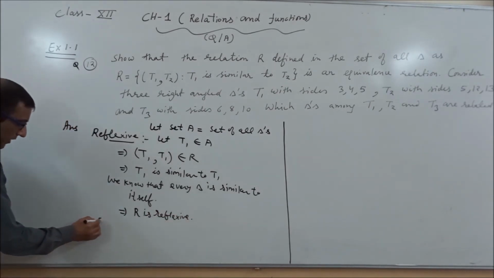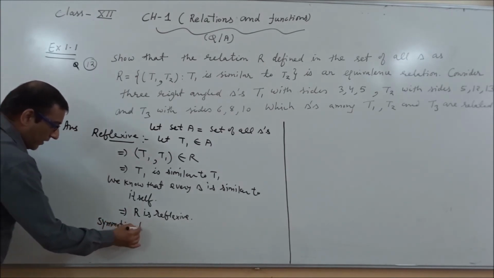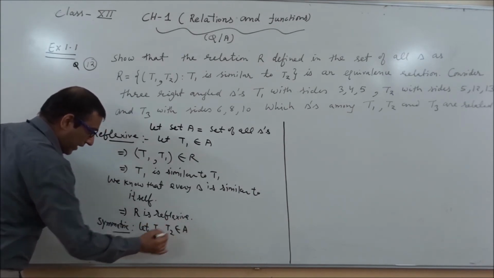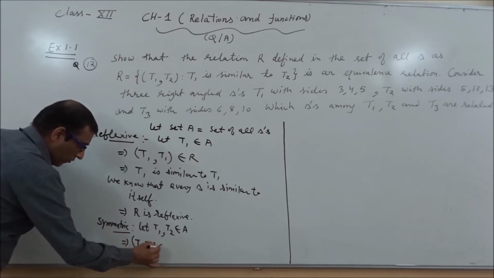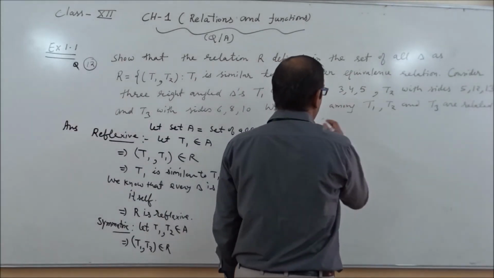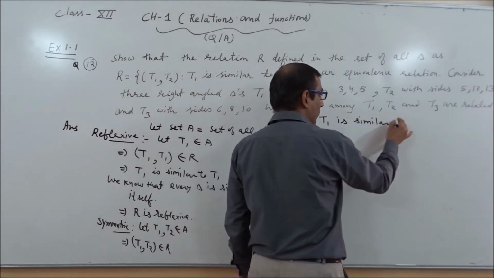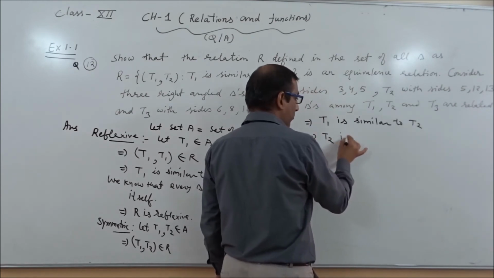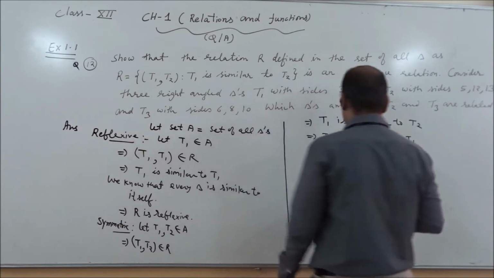After this we will come to the next point, that is symmetric. So in symmetric we will take two triangles, T1 and T2 belonging to set A. So we can say (T1, T2) belongs to R, and the meaning of this, as per the given relation, is T1 is similar to T2, and it can also be written as T2 is similar to T1.